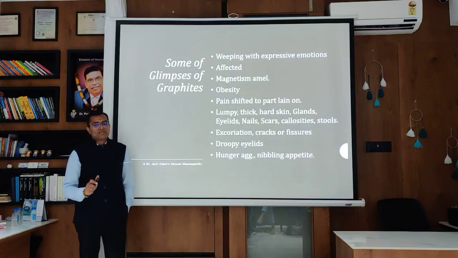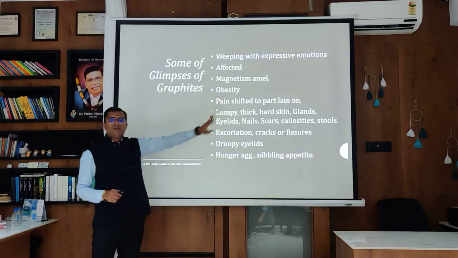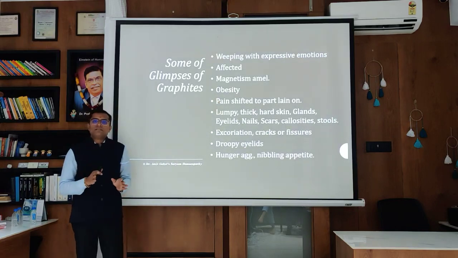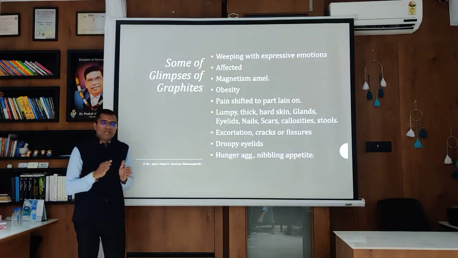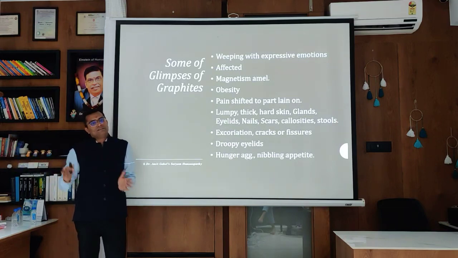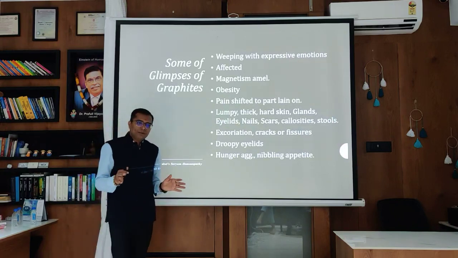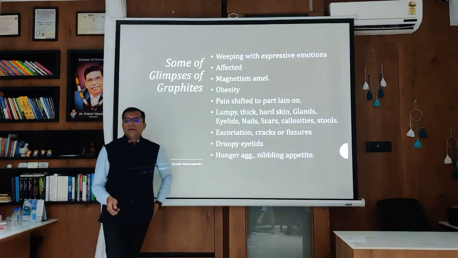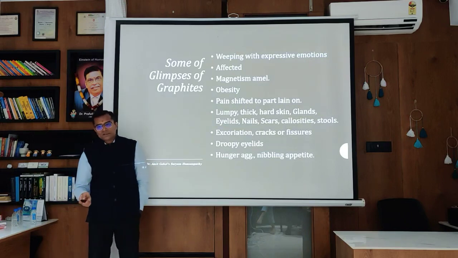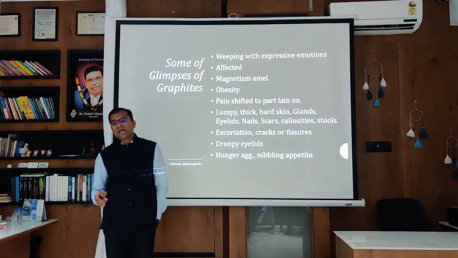In expression, they express weeping and emotions. They are easily affected. Magnetism ameliorates. They present to us as obesity. So with graphites we have fat, flabby, chilly, obese and constipated. This is something called graphites with hardness of the skin complex. Okay. Pain shifting from one part, laying on thick hard skin, glands, eyelids, nails, scars, callosity and stool.